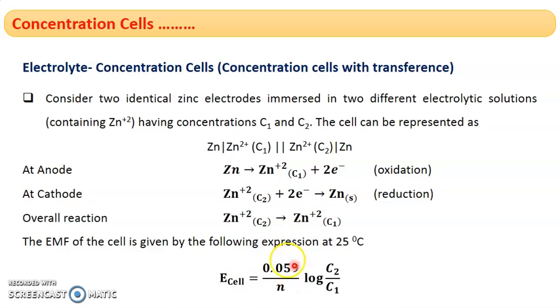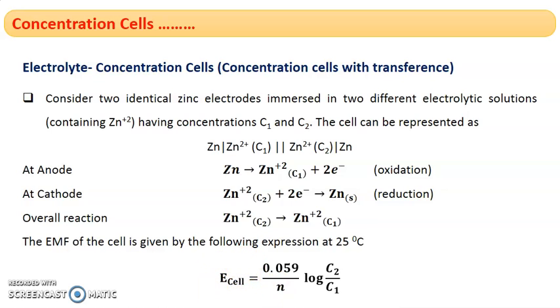We can use this formula for finding out the EMF of the electrolyte concentration cell: E cell is equal to 0.0591 by n log C2 by C1. As C2 is greater than C1, we get C2 by C1. Substituting the values of C2, C1 and n, we will get the EMF of the electrolyte concentration cell.